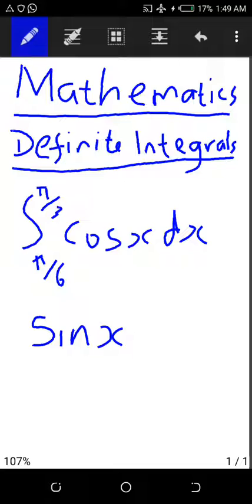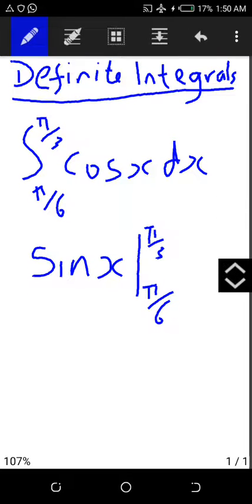And as you know, because we are solving with definite integrals, we don't need to add a plus c. However, we need to add our boundary conditions. So we still have the upper bound of pi over 3, then the lower bound of pi over 6. Okay, we'll have that.